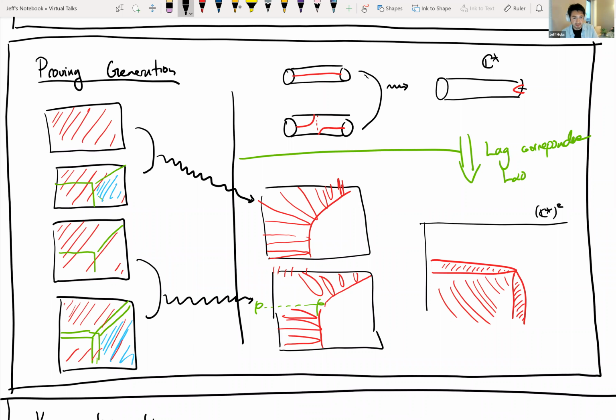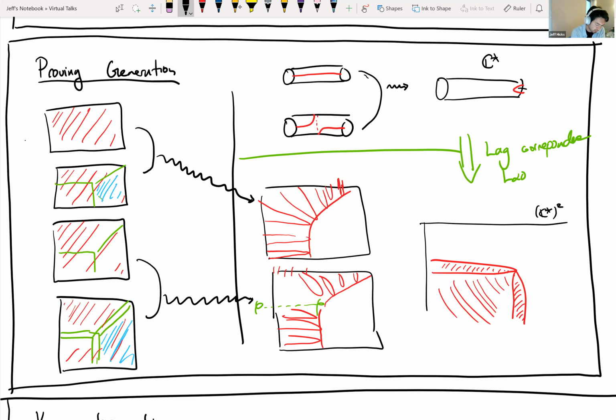As a quick picture, and maybe I'll end my presentation on this slide, you can diagrammatically show that you can generate the mirror to P2 by inductively applying this surgery relation and pushing along these Lagrangian correspondences.